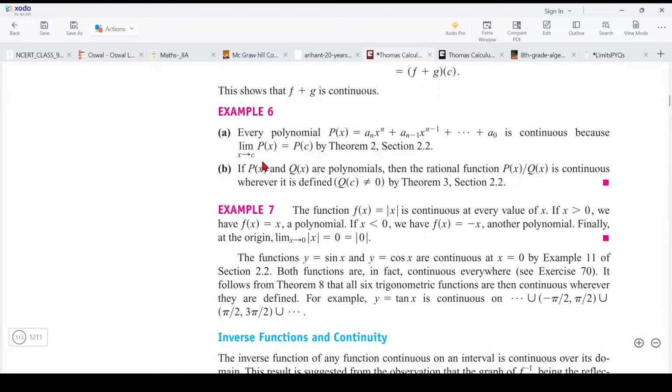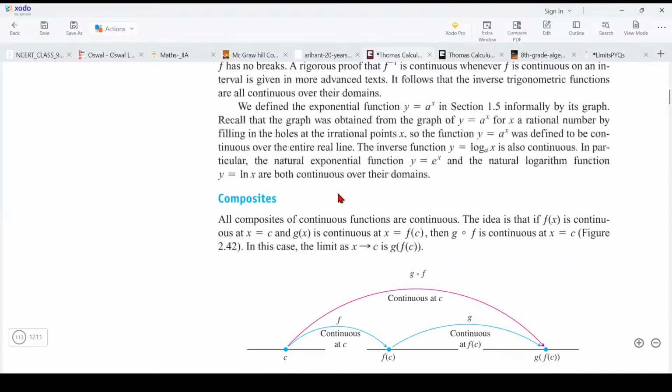Now, a rational function: the numerator is one polynomial, the denominator is another polynomial. This need not be continuous because q of x can become 0. The points of discontinuity are whenever the denominator is equal to 0.